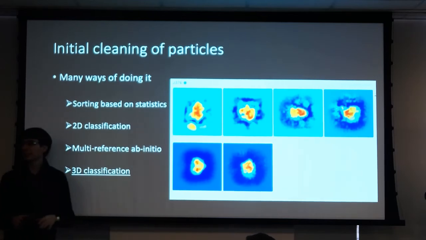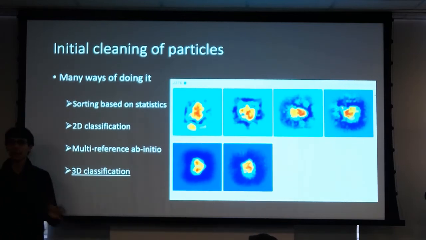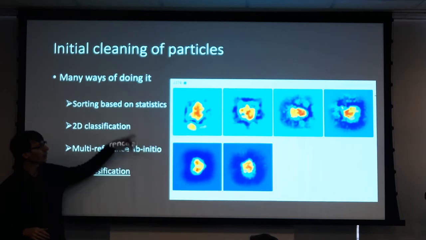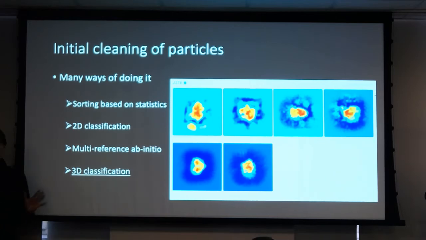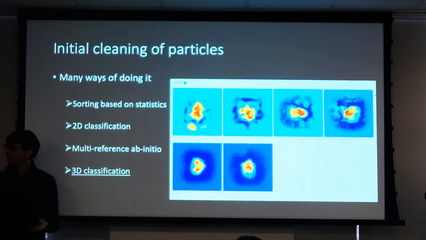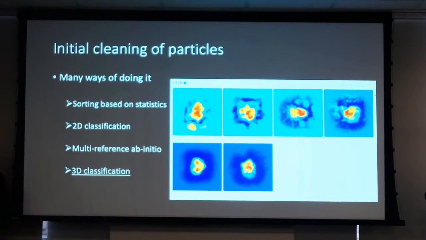And so that's actually a pretty powerful way of cleaning up your data set. So you can iterate that a few times, always checking the bad classes with 2D classification, making sure you're not removing things that you shouldn't be removing. And also checking that you're not going too far by doing refinements, seeing what resolution you get. And if you start to get decreasing resolution, maybe that's because you're starting to remove particles you shouldn't be removing.